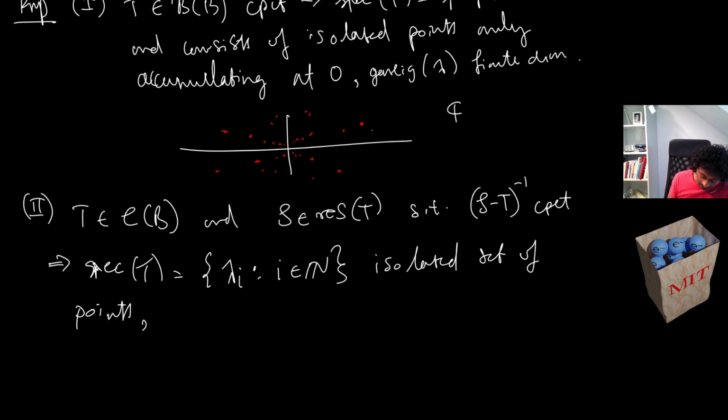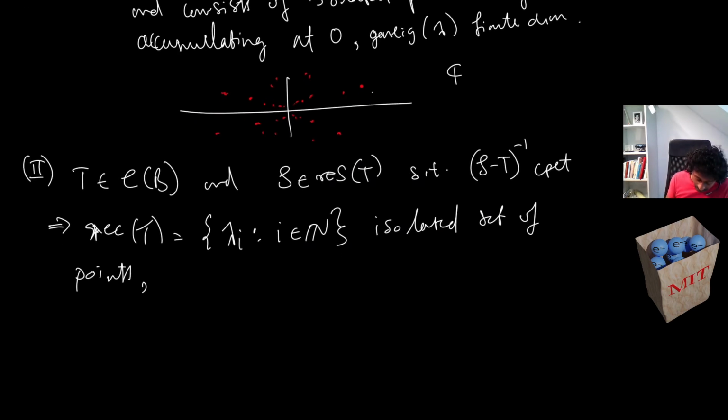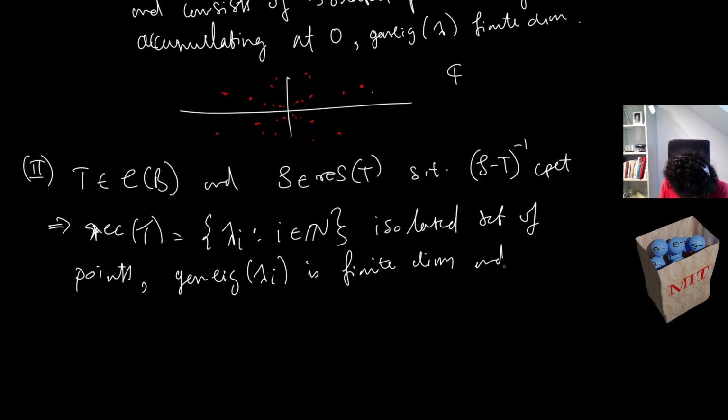So we have, if we're in the closed situation and we have a compact resolvent, then the spectrum of the original operator that we're interested in, the closed operator, is a set of isolated points. The generalized eigenspaces corresponding to lambda i are finite dimensional, and the only accumulation point is at infinity, right?